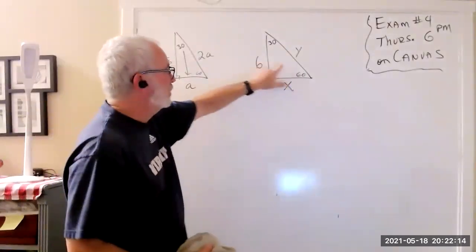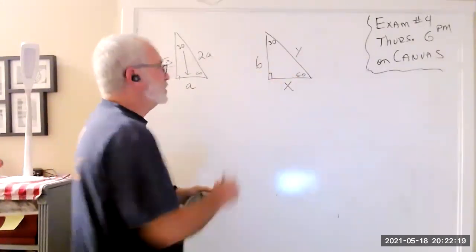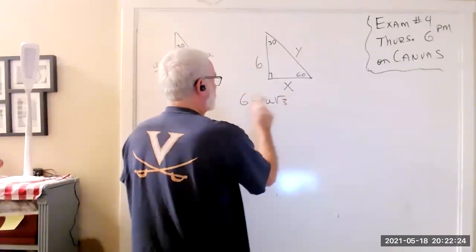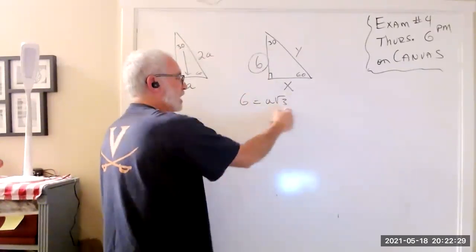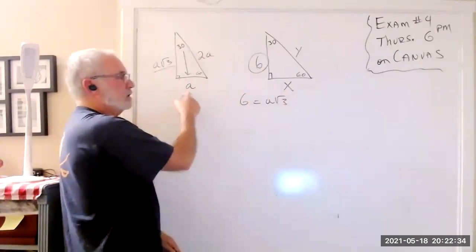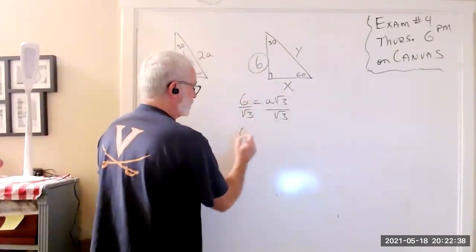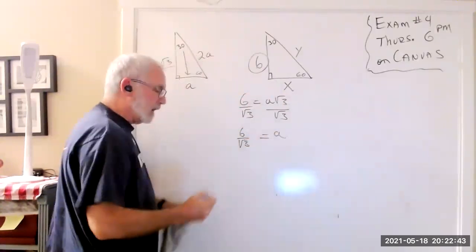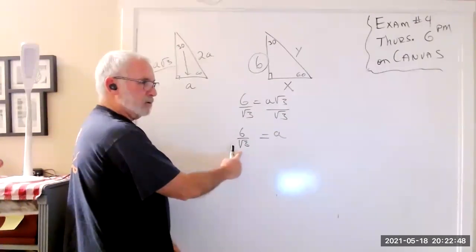Because you were given the side opposite the 60, you can say this 6 is the A radical 3 side. That 6 is A radical 3. So you want to get A. So divide both sides by radical 3. And I have 6 over radical 3 equals A. But we don't like radicals in the denominator.